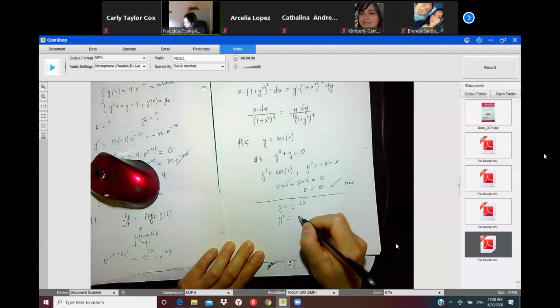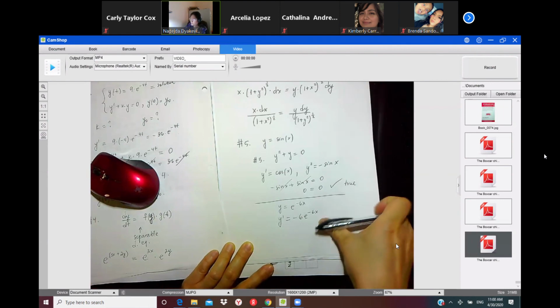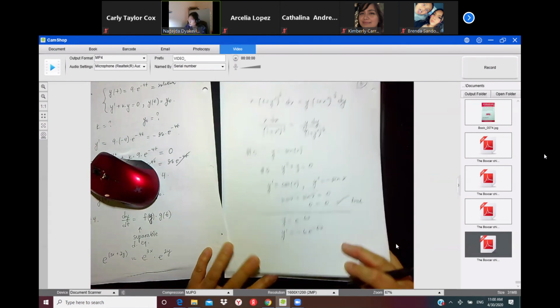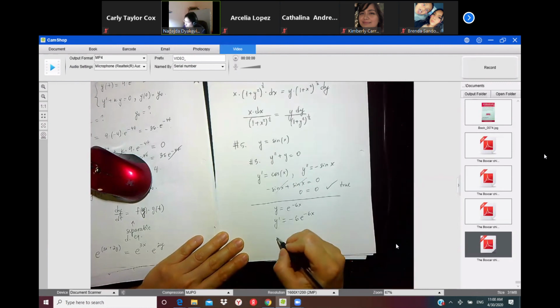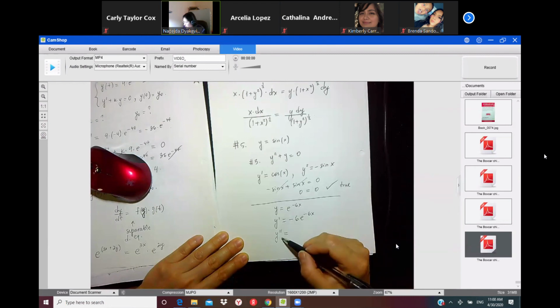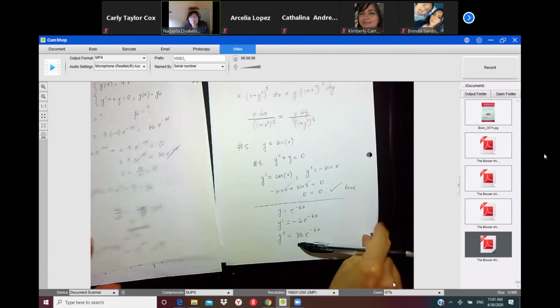I'm getting negative 6e to the negative 6x. Any questions so far? I will take the second derivative just in case, because I might have to use it as well. So 36e to the negative 6x. Do you agree so far?